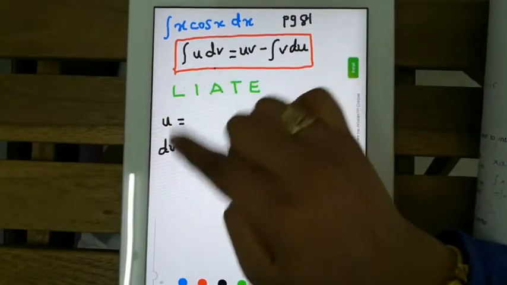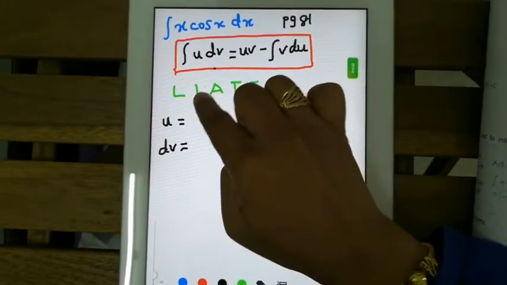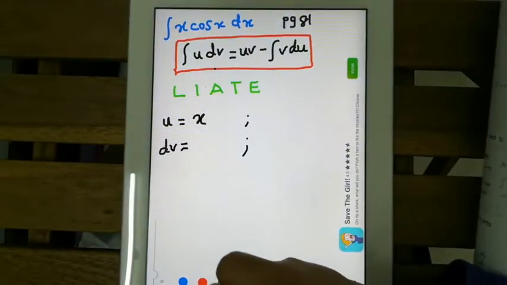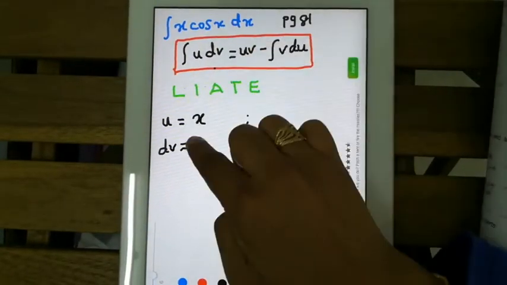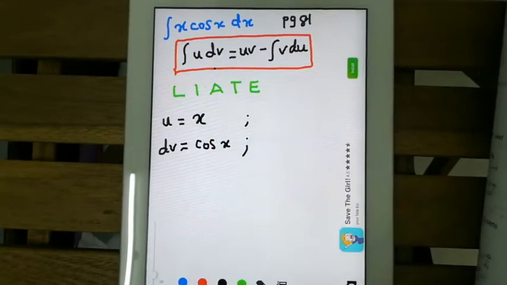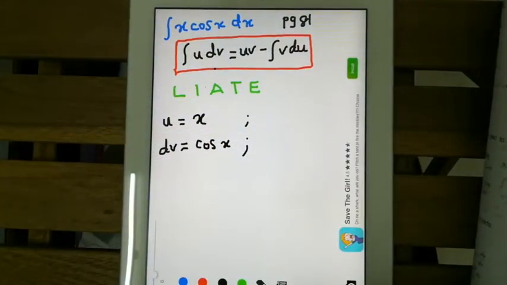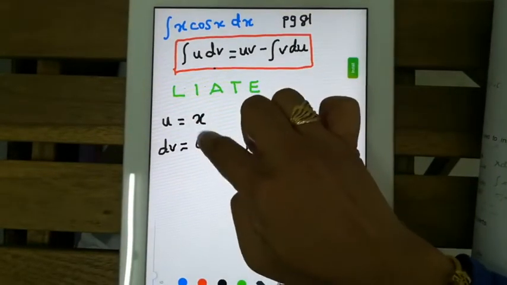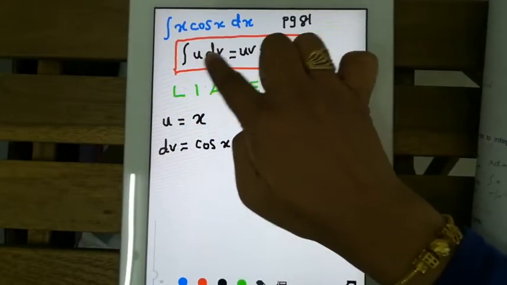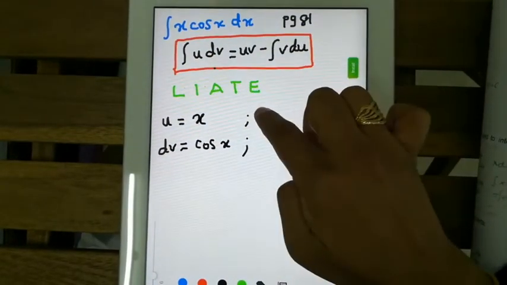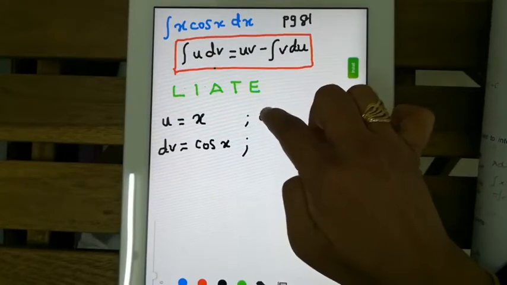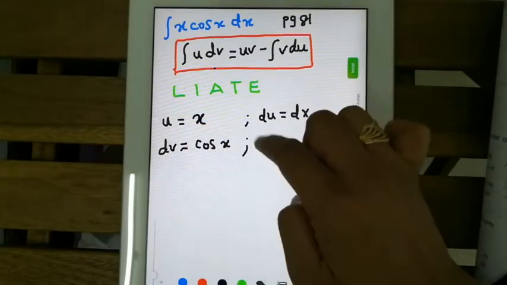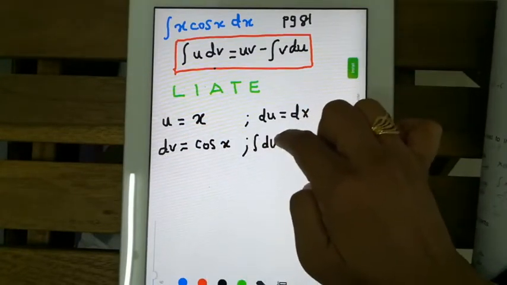So in this case, you definitely know that you need to pick u to be x, so that your dv will become cos x. This is the first step. Once you have selected the appropriate u and dv, the next thing is to differentiate u, so you get du equals dx, and integrate dv.